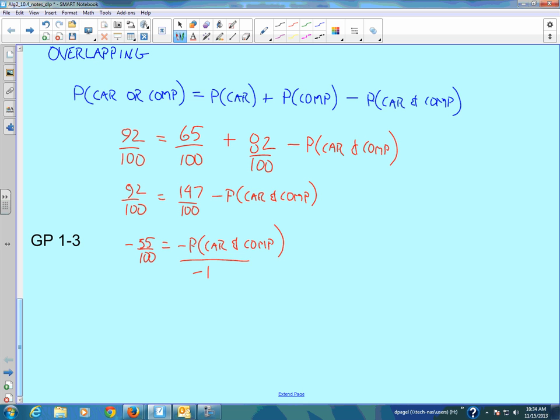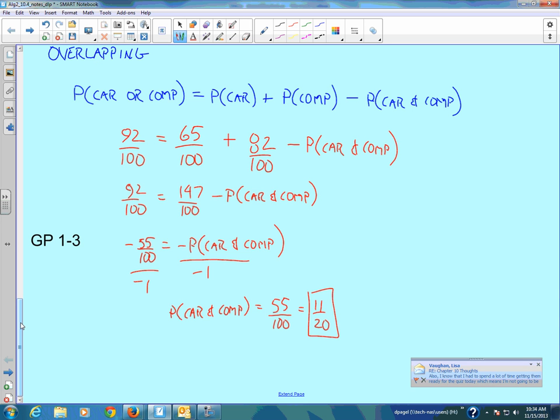So I have the probability that I own both a car and a computer is 55 out of 100, or an 11 out of 20 chance that that'll happen. Basically, I have 20 in my lineup, and I say 11 of you would have both a car and a computer.